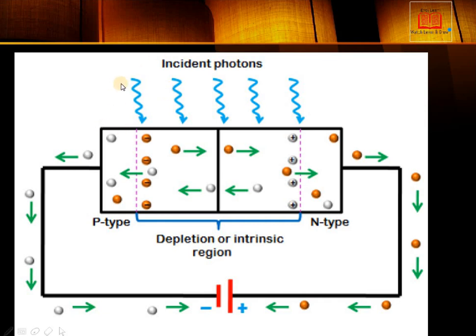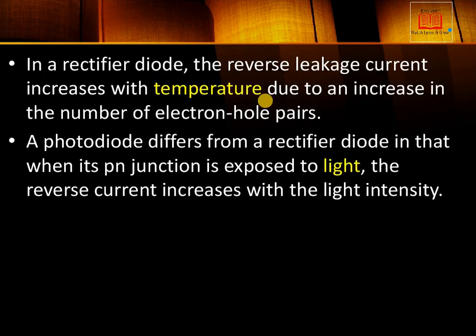But here in this case, when the external photons or light intensity is increased, our reverse current is increased. This is the theory I have already explained. In the rectifier diode, the reverse leakage current increases with temperature due to an increase in the number of electron-hole pairs. But a photodiode differs from the rectifier diode in that when its p-n junction is exposed to light, this is the change.